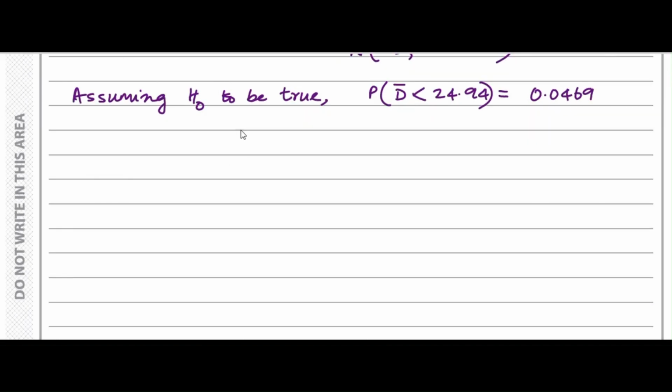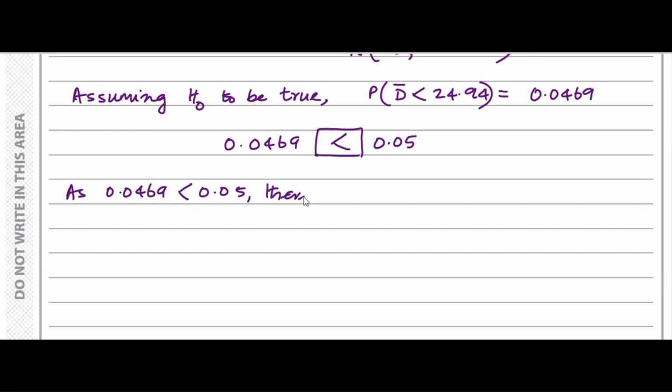That is equal to 0.0469. Now we write the conclusion statement. So 0.0469 shows that this is less than 0.05. Then we write as 0.0469 is less than 0.05. There is sufficient evidence to reject H0.